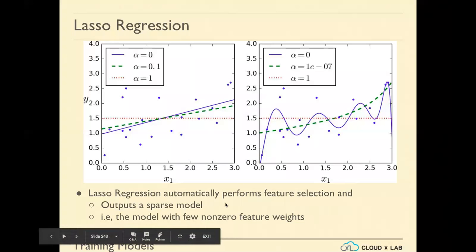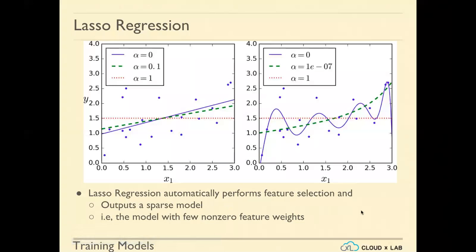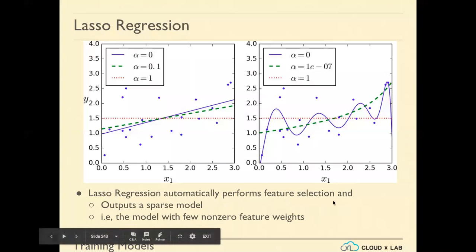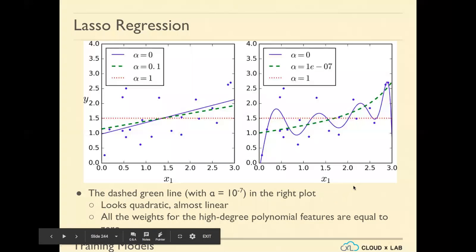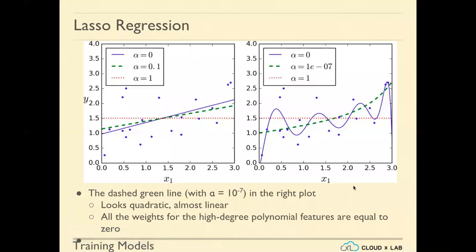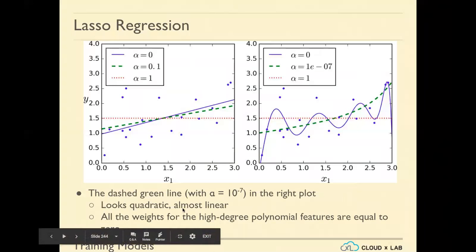Basically, Lasso regression automatically performs feature selection and outputs a sparse model, a model with few non-zero feature weights. The dashed green line that you see here in the right plot looks quadratic, almost linear.